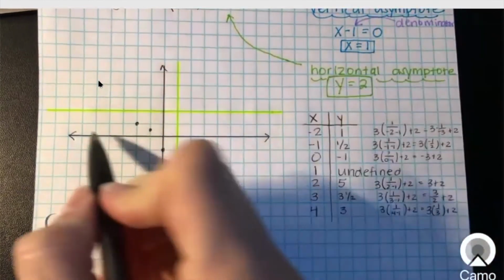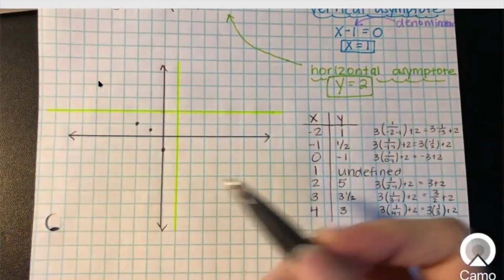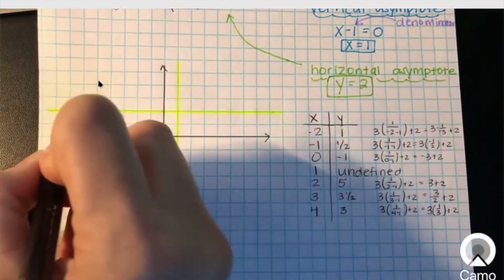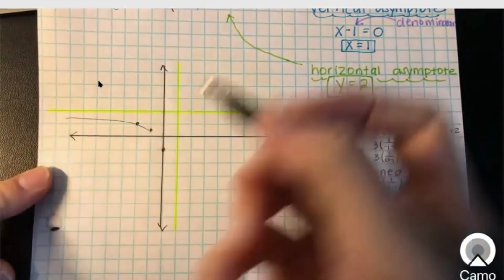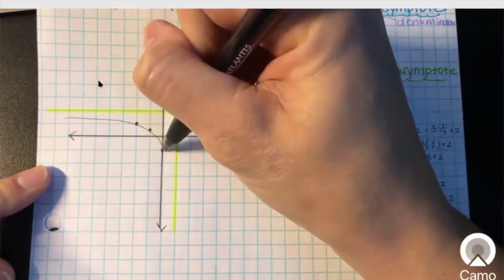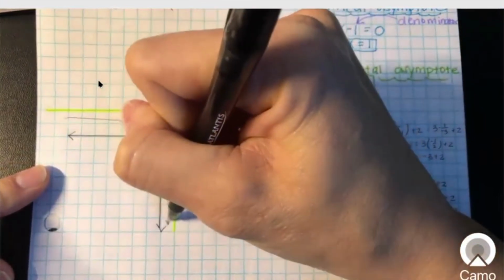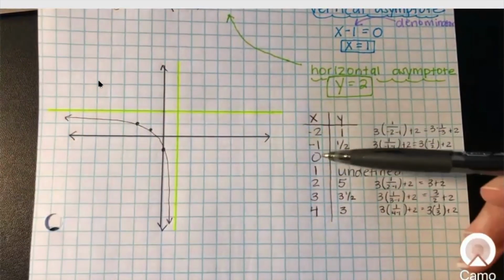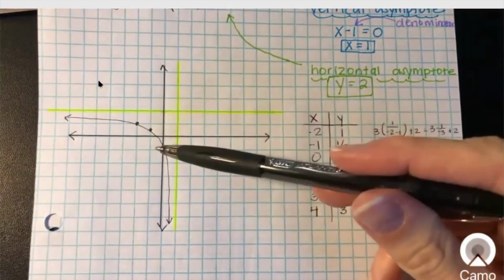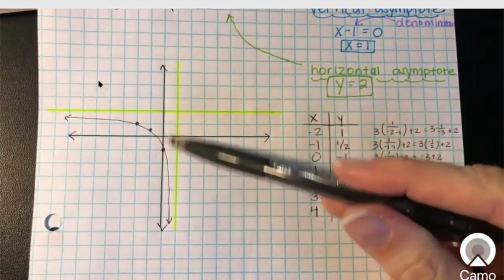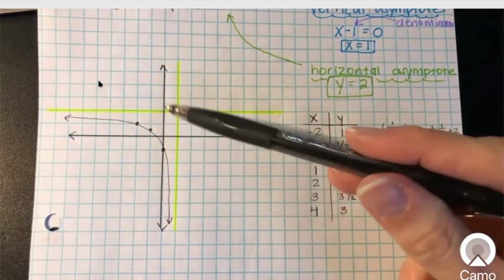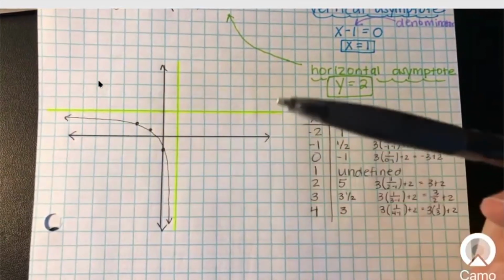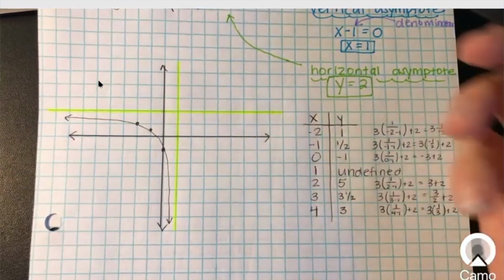So this is kind of the left portion of my function, so I can sketch that in. And as a minimum, we want to have 3 points. If you would like to do more, you can. But as a minimum, we want to have 3 points on either side, because that helps us to get that shape. And then also, in this case, gets us our y-intercept.